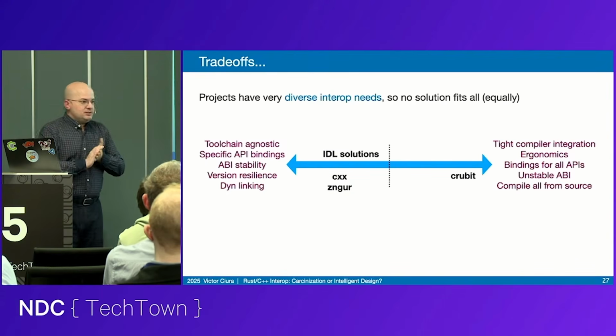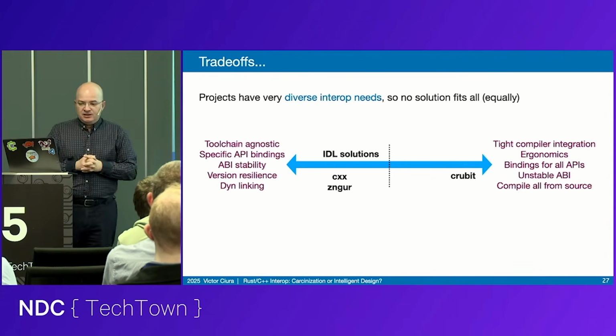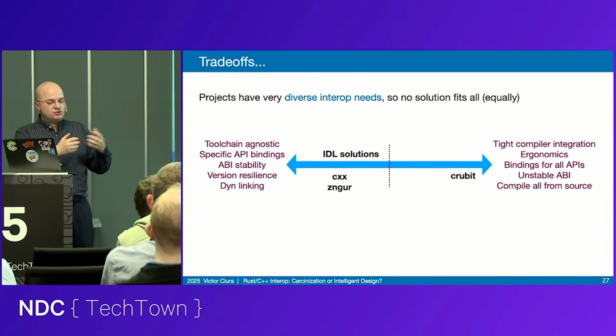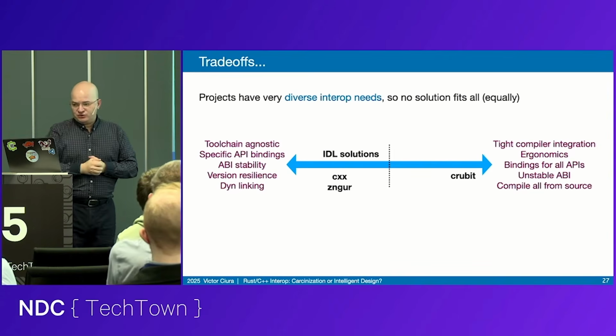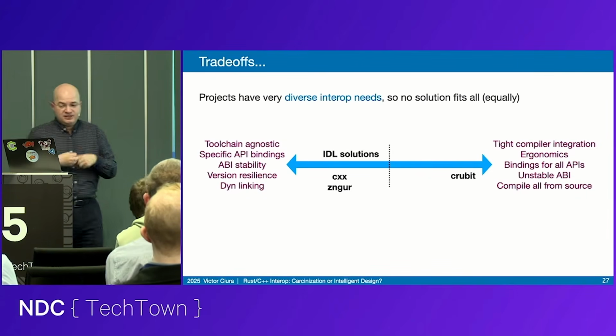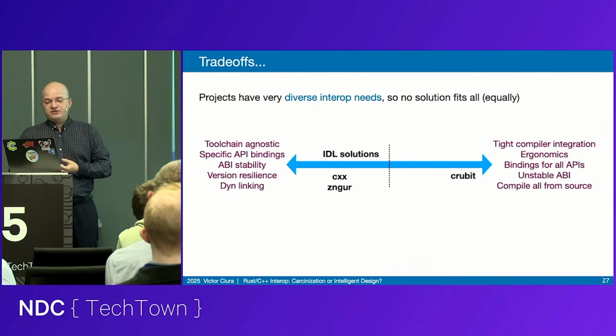So all the things that I showed until now made some choices somewhere in this spectrum. On the one extreme, you have the toolchain agnostic, specific API bindings, requiring API stability, having some sort of story for version resilience, having support for dynamic linking, and so on. At the other end of the spectrum, we have tight compiler integrations, better ergonomics, bindings for all APIs on the surface, so no need to manually fiddle with definitions.